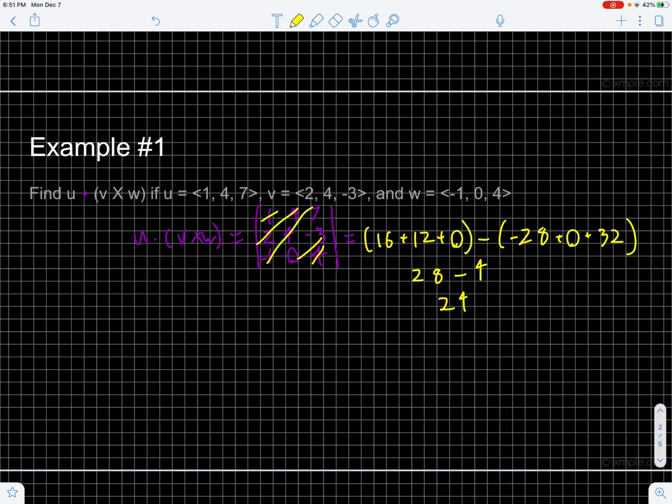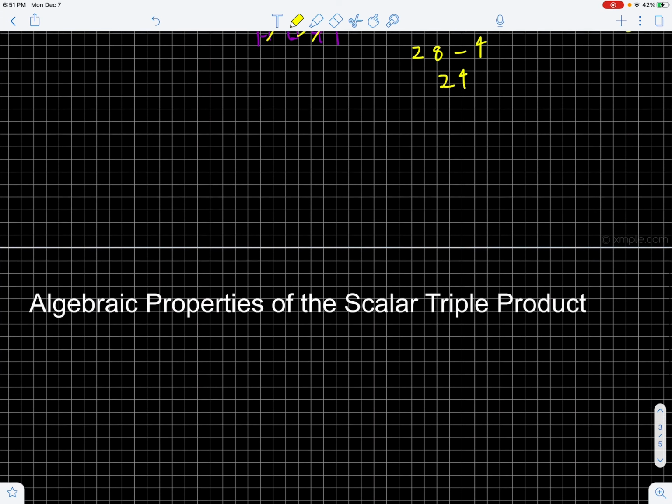Looks really scary at the end of the day. Just a 3x3 determinant, algebra 2 stuff. Nothing to be too worried about.